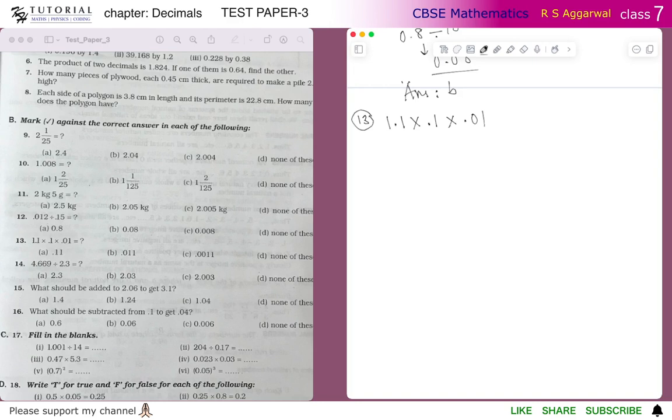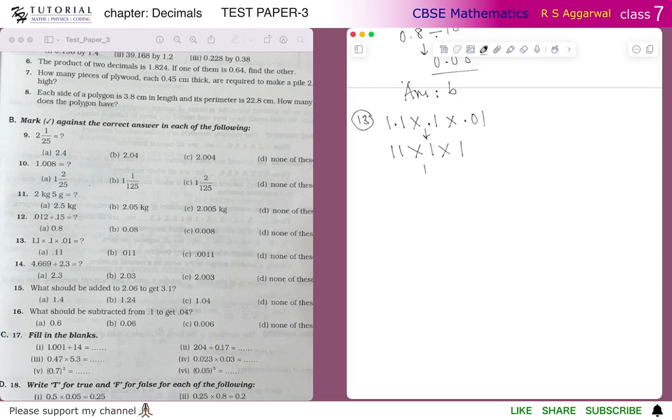We first multiply all the decimal numbers as whole numbers by omitting their decimal points. So this becomes 11 into 1 into 1.